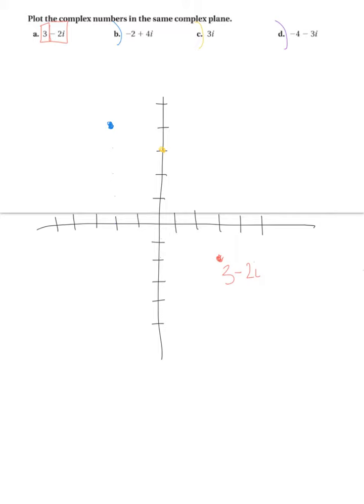And then for D, we would need to go to the left 4 and down 3. So not too difficult. You just need to remember that the vertical axis is imaginary and the horizontal axis is real.